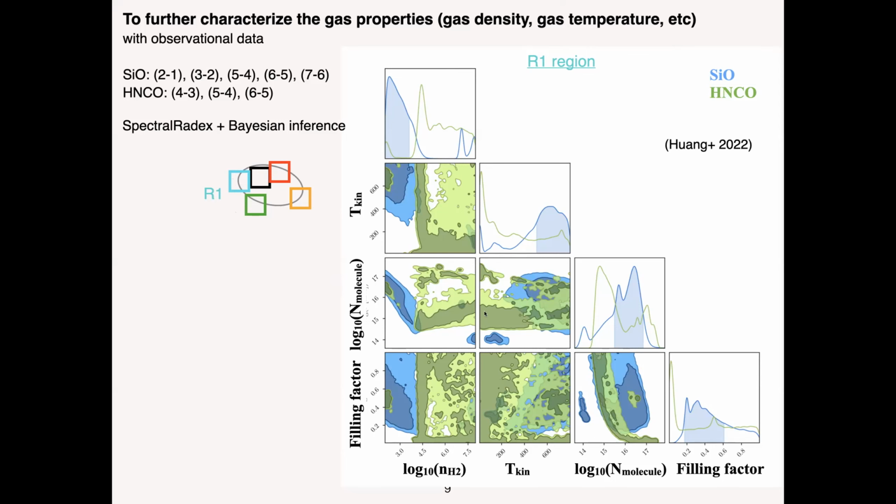At the same time, there also seems to be a differentiation in terms of gas temperature. So this confirms that for SiO, the high temperature and low density seem to be a signature of a strongly shocked region. For HNCO, it's a bit unclear.